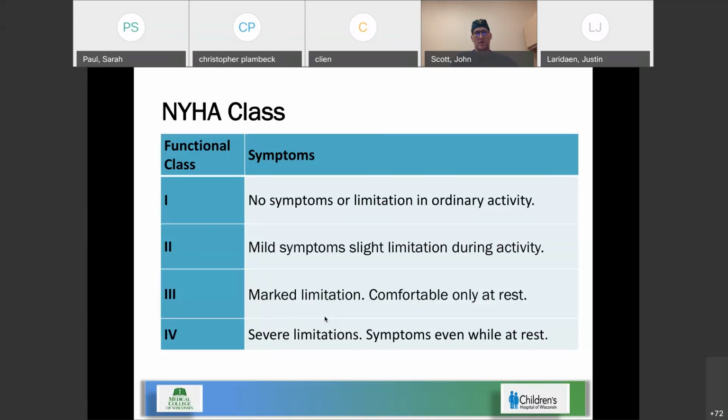As you progress through classes 2 through 4, you get to a place where somebody has symptoms even at rest. So it's important to broadly think about where each patient is along this continuum when you're developing an anesthetic plan for a patient with congenital heart disease or other acquired heart disease.